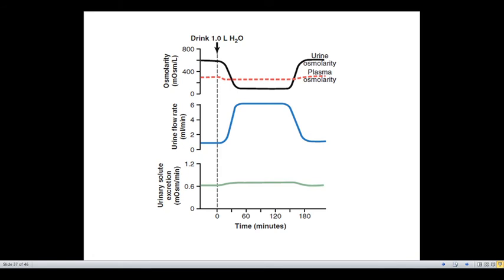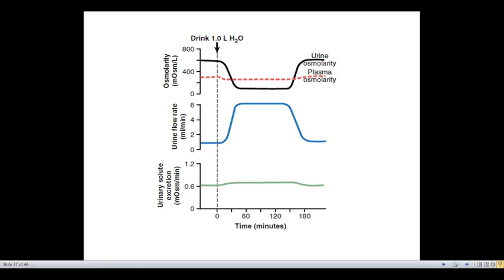This figure shows water diuresis in a human after ingestion of 1 liter of water. Note that after water ingestion, urine volume increases and urine osmolarity decreases, causing excretion of a large volume of dilute urine. However, the total amount of solute excreted by the kidneys remains relatively constant.